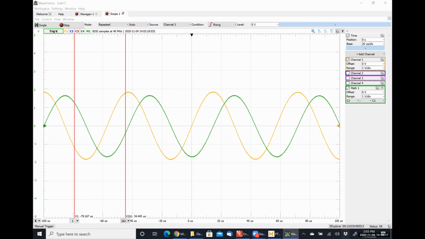So here are our signals, okay? The yellow curve is the voltage drop over our inductor, if I'm not mistaken. Yes. And the green curve is representative of the current in the inductor.